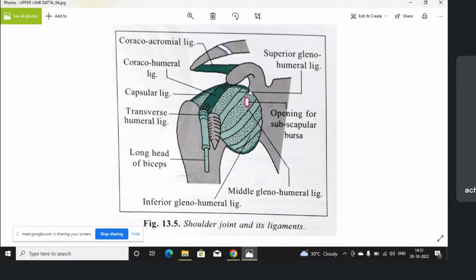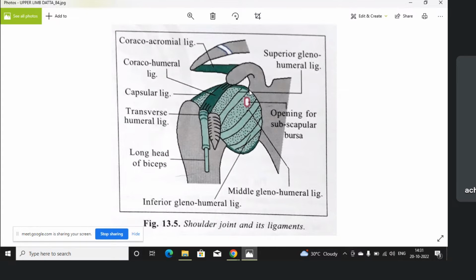This neck is the surgical neck, important in surgeries, because the anterior and posterior circumflex humeral arteries surround the surgical neck, and it is also surrounded by the axillary nerve. That is why we call it the surgical neck. Then this one is the anatomical neck, so below, the capsule attaches to the anatomical neck.